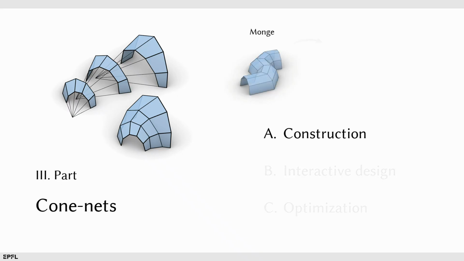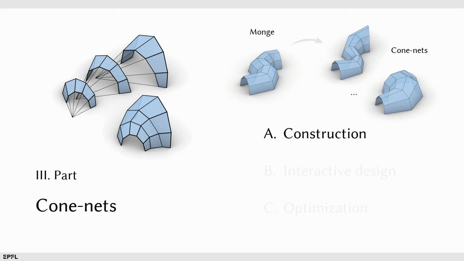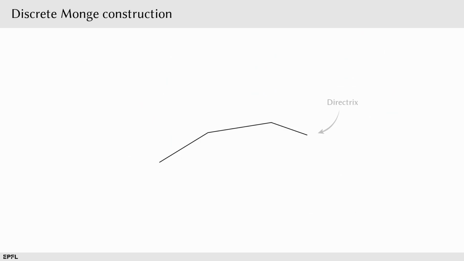I will now introduce the construction step by step, showing how cone nets can be interpreted as generalized Monge surfaces. So let's start. For a Monge surface, we need 2 ingredients, a directrix curve and a generatrix curve. We consider discrete polylines here for the sake of clarity, and because we are interested in design with discrete PQ meshes, but just be reminded that all the upcoming constructions also have a smooth counterpart.